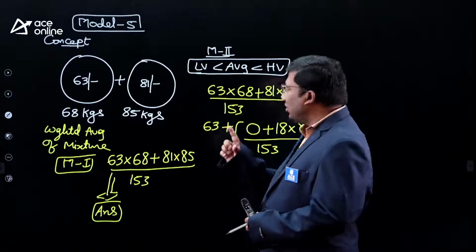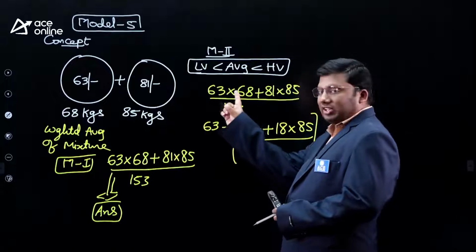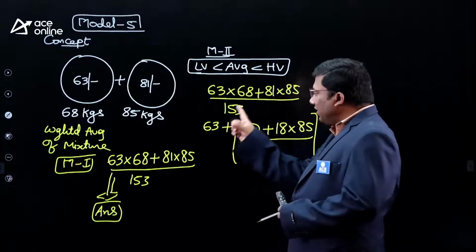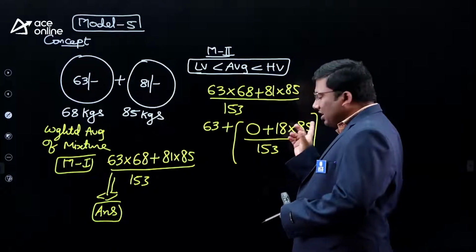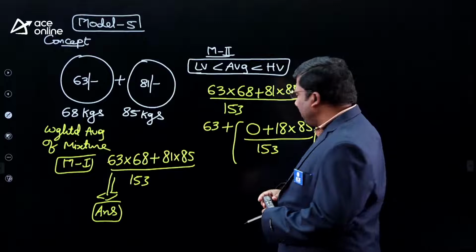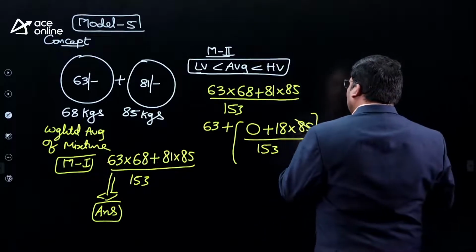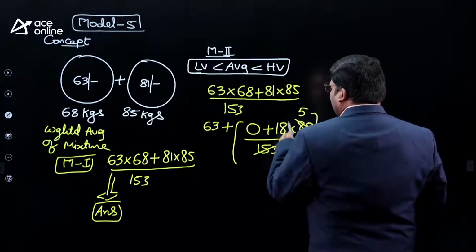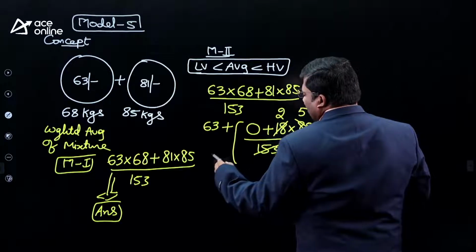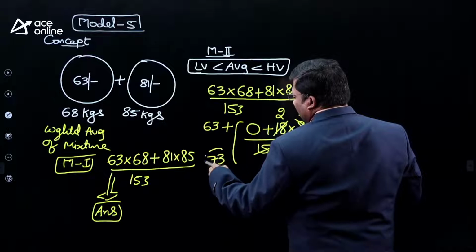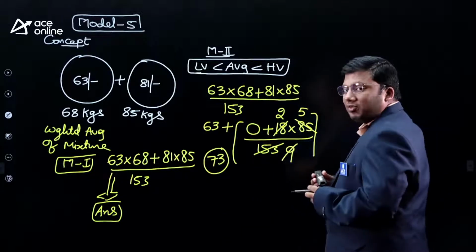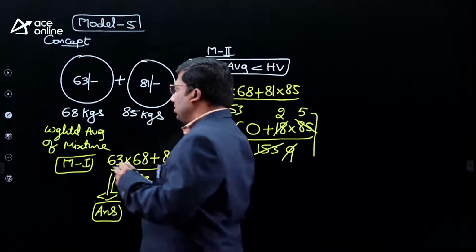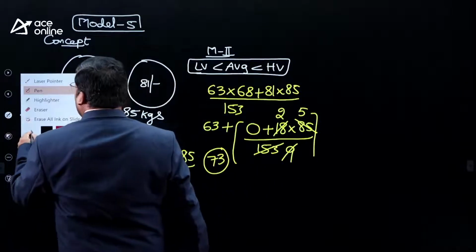Average is greater than lowest value, it is greater than 63. 63, 63, deviation is 0. 81, 63, deviation is 18. 18 into 85 by 153. 17 5s are 85, 17 9s are 153. So it is 63 plus 10. What will be the answer? 73. You don't need to do this entire calculation.